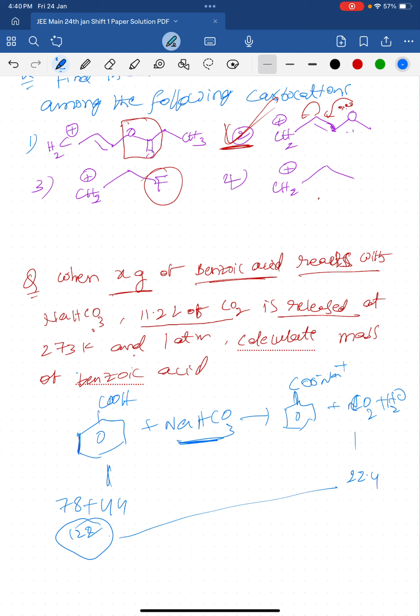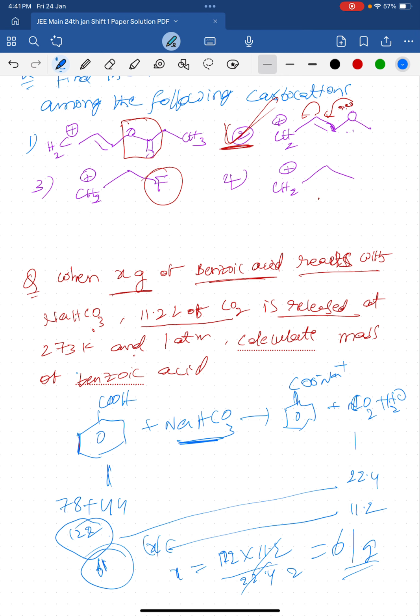Am I right? If it is 11.2 liters, it becomes half, so approximately 61 grams. Or you can assume X, then X equals 122 into 11.2 by 22.4, which is half. You will get 61 grams as your answer.